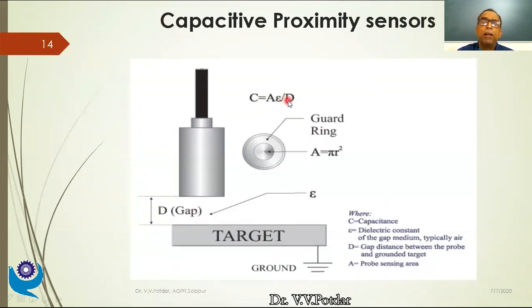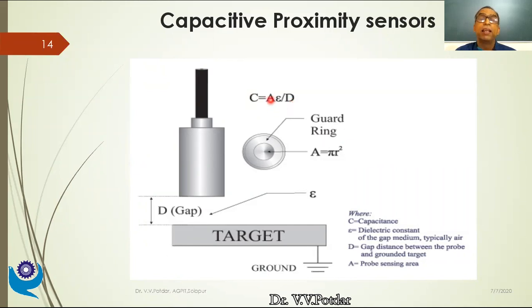The third parameter on which this capacitance depends is the gap distance between the probe and the grounded target. If the gap varies, the capacitance varies. As you can see from the relationship, if the gap increases, capacitance decreases because it is in the denominator.